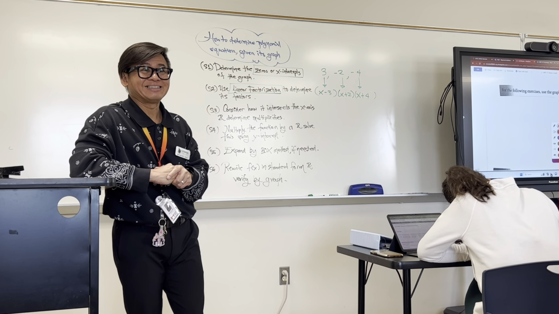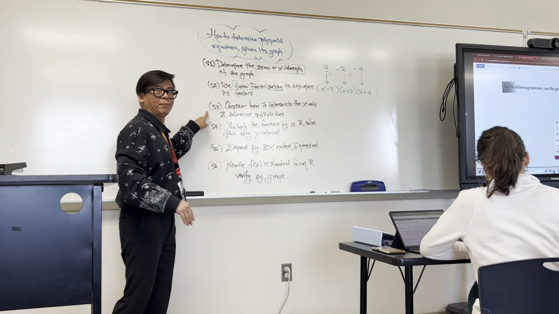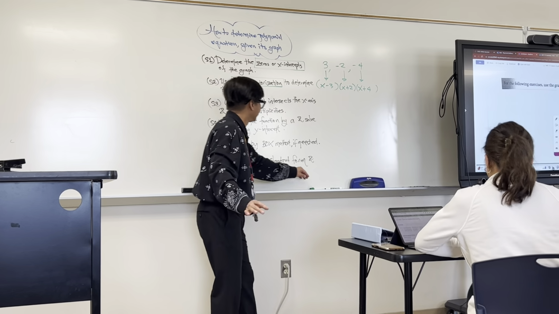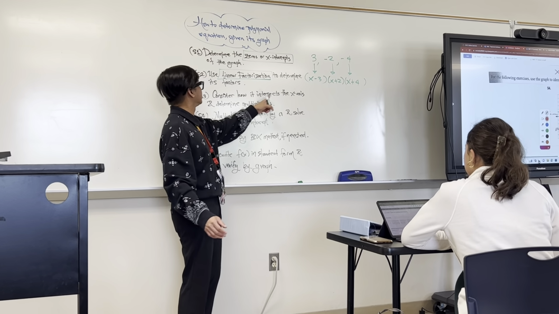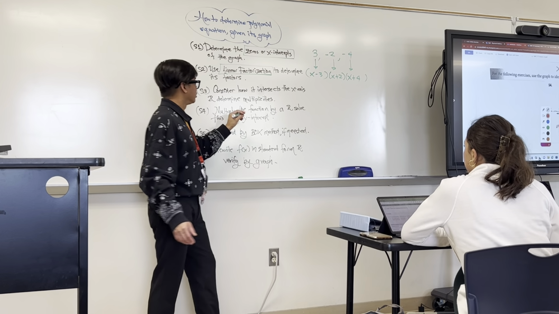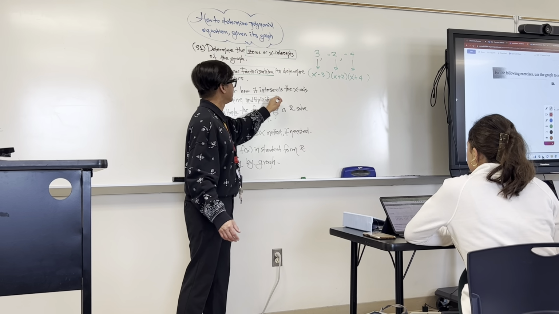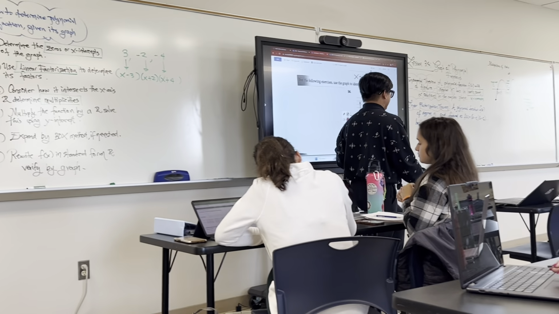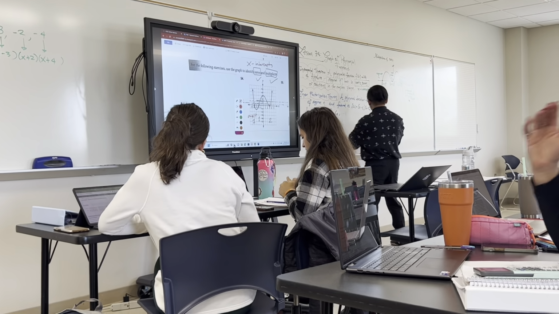Get it? Okay. Now, let's read step number 3. All right, Magnolia, let's read step 3. Consider how it intersects the x-axis and determine multiplicities. So in short, the powers, the p's, the powers or exponents for each of those factors.